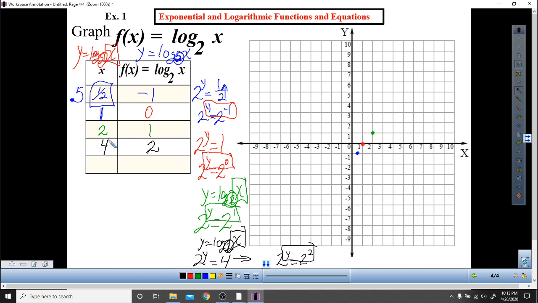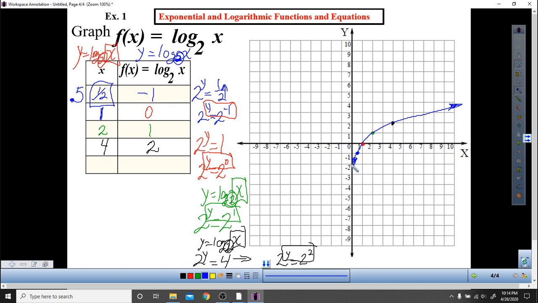And the last one, 4 of x, 2 of y. There it is. All right. So what does that look like? I'm going to graph that with blue. Something like that.